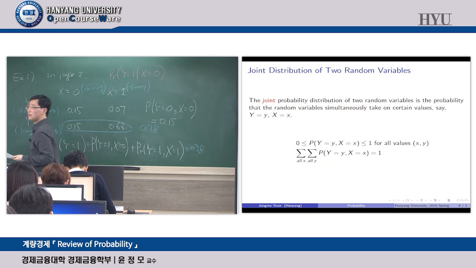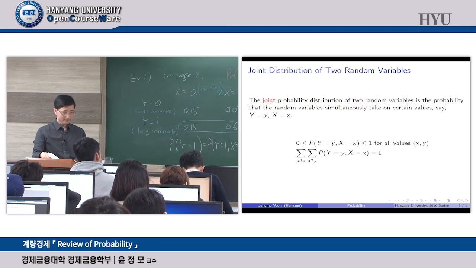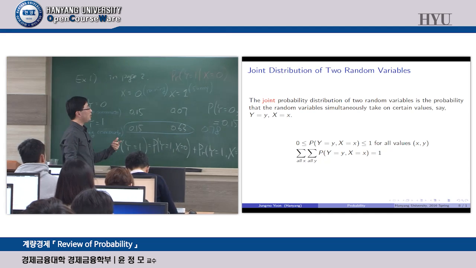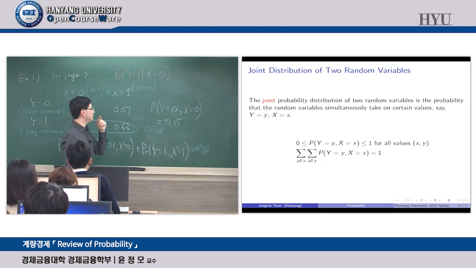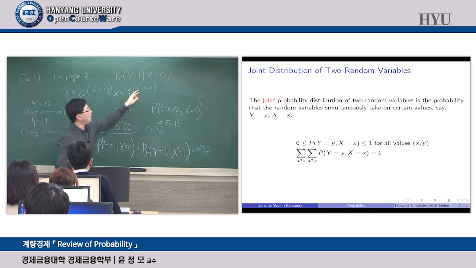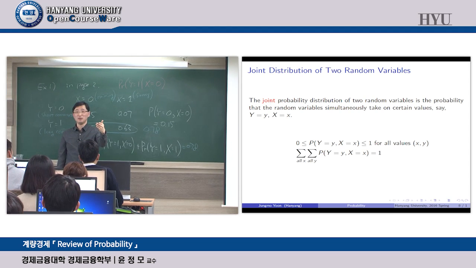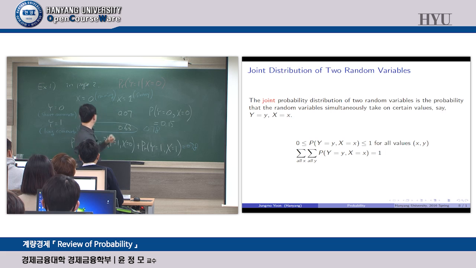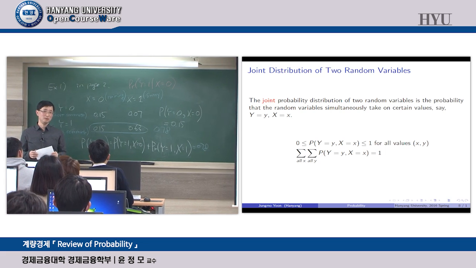That's one example of a conditional probability. When we interpret it, we go from the back to the front. Remember that. Given that x is equal to 0, given that I know it's raining outside, what is the probability that I have a long commute? That's the meaning of conditional probability.